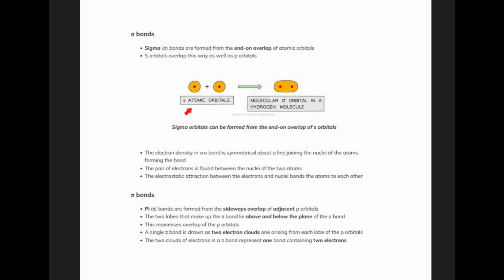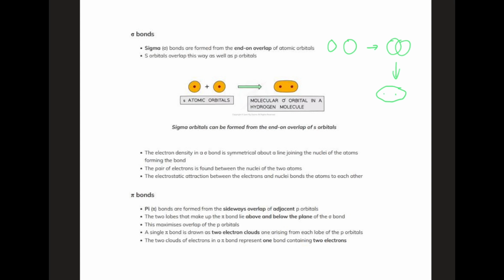What they show here is s orbitals that overlap. Initially they are like this, then they overlap, and then they form something like this.